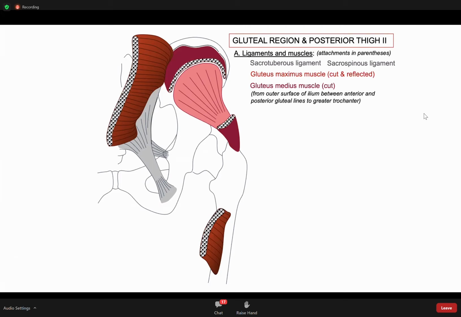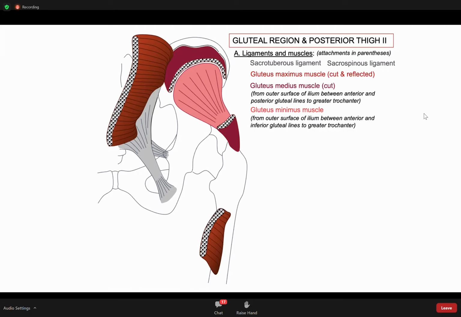When these structures were labeled, I tried to follow the same color scheme. There are no lines, because if I put lines, the whole image will be distorted. So each color denotes what muscle it is. You're looking at medius and maximus, and this is my minimus, the pink color. Are we good? So these are three major gluteal muscles.